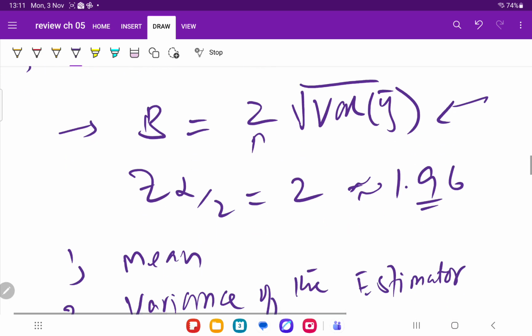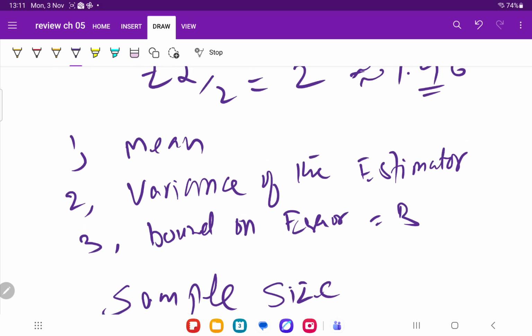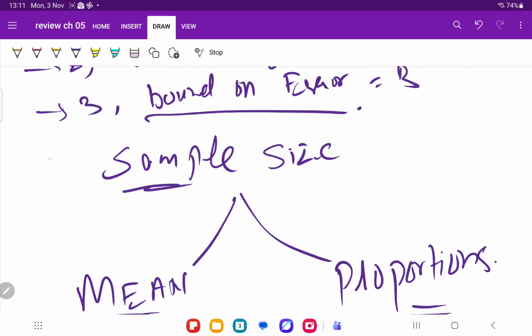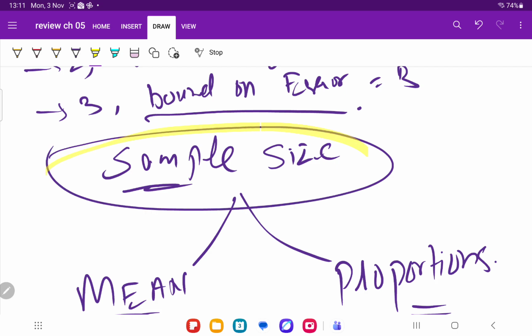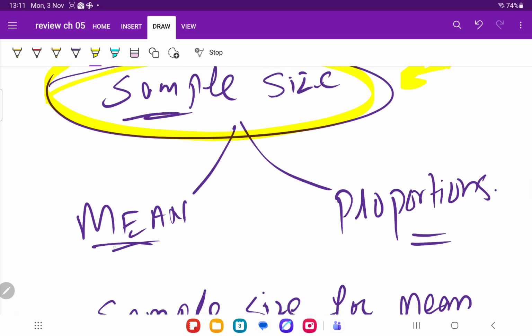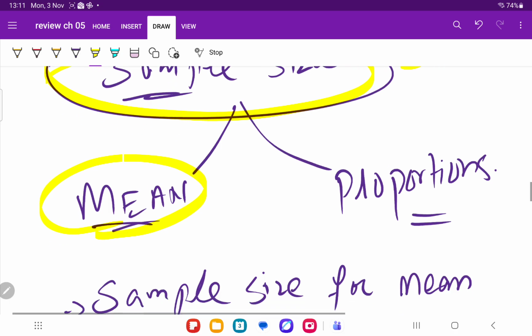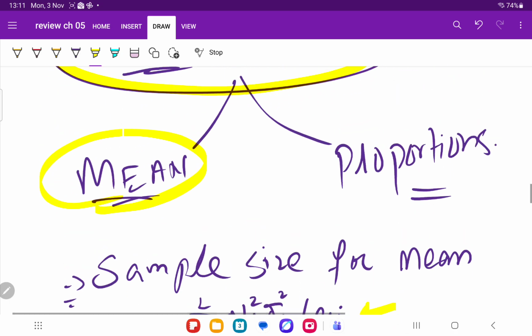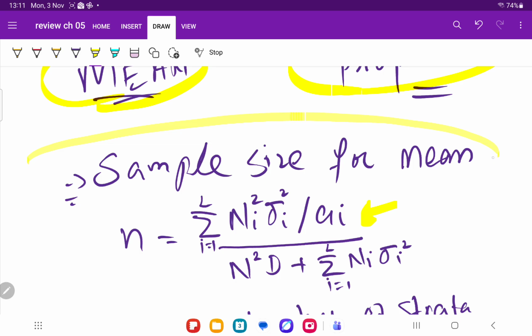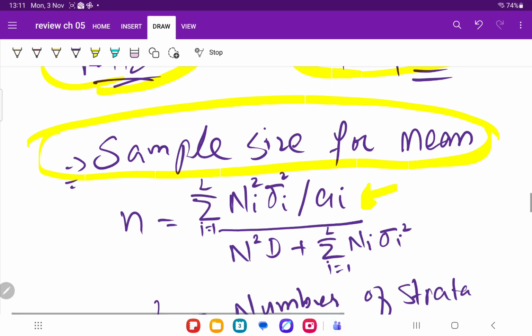So in the first part, the mean, the variance of the estimator, or the bound on error could be asked. That is completed. Another type of question is sample size. In sample size we have the mean related question first, and then secondly proportion related questions. First we are discussing sample size for the mean.